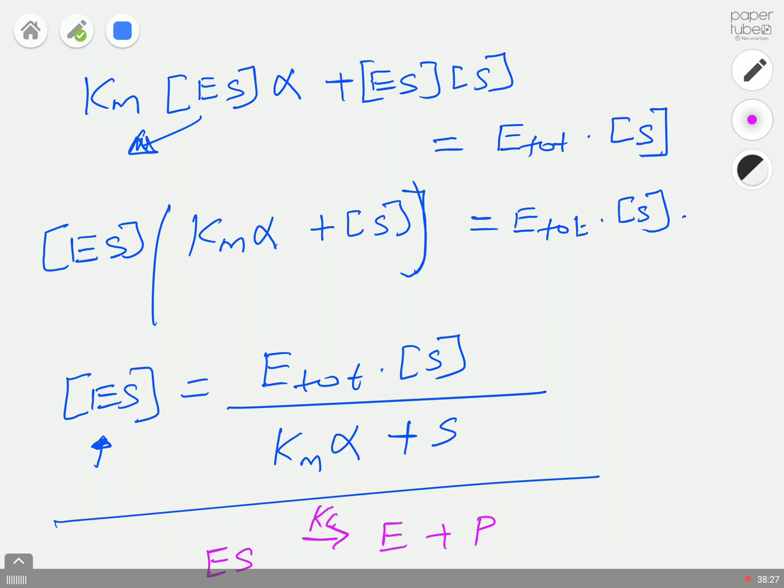So let's call it K catalyst again for convenience. You can use any notation, who is going to stop.